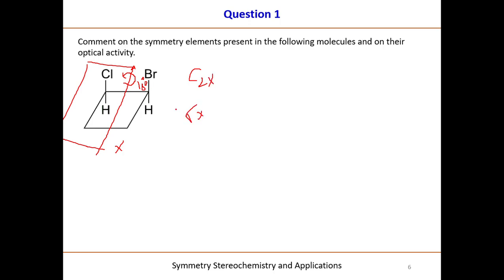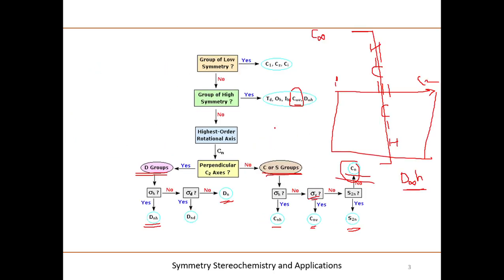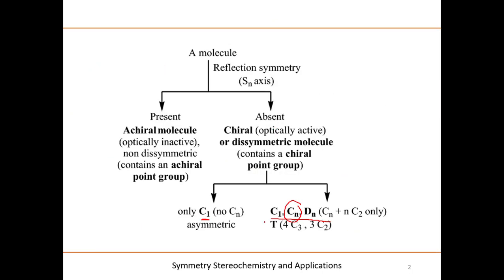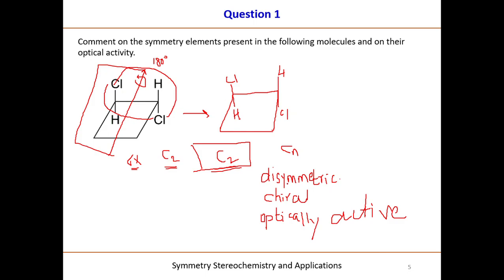If a molecule doesn't have any other symmetry element, then the molecule comes under the C1 point group, as I have discussed earlier. Here we have C1, right? If the molecule has C1 symmetry, that means it is a chiral point group, and it comes under asymmetry. No other Cn is present, correct?